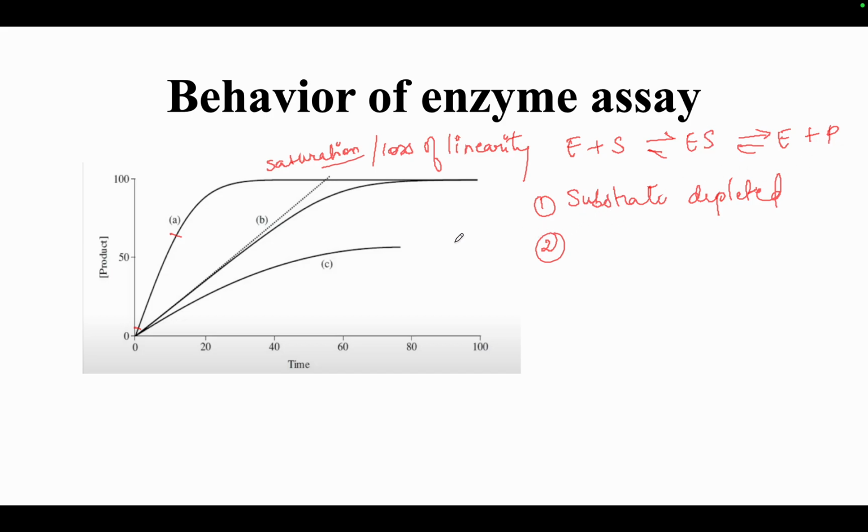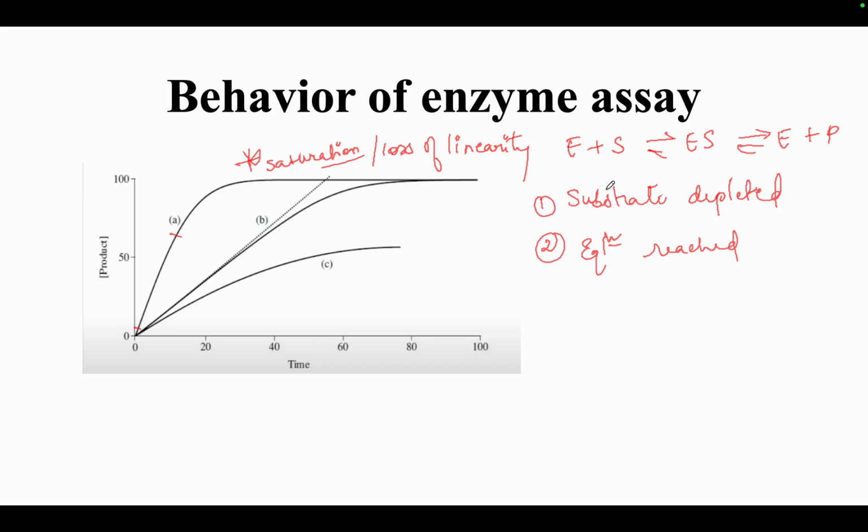So the substrate got depleted, and that's why we get this saturation or loss of linearity. Another reason could be that equilibrium has been reached. What is this equilibrium? This equilibrium is between the formation of the enzyme substrate complex and the free enzyme and free substrate.